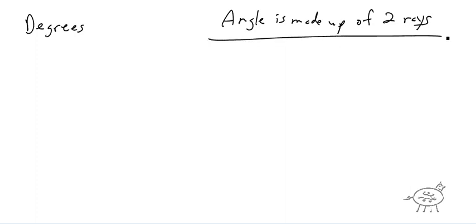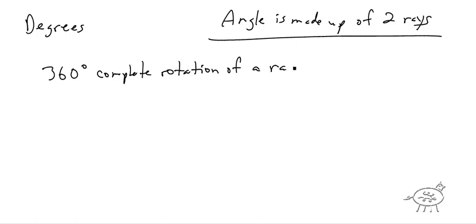Let's talk a little bit about degrees. First of all, 360 degrees is a complete rotation of a ray. This is, of course, 90 degrees, and that's a right angle.